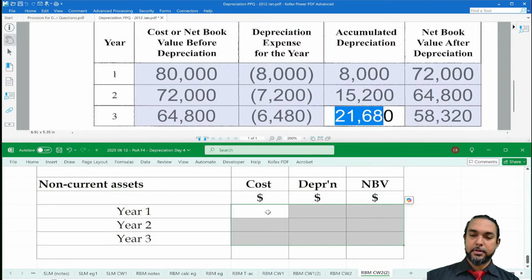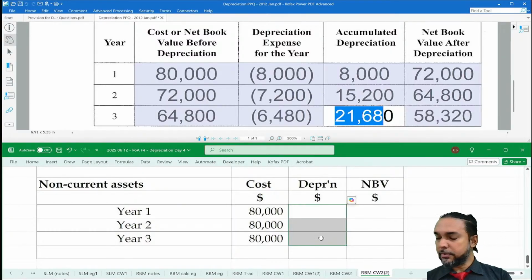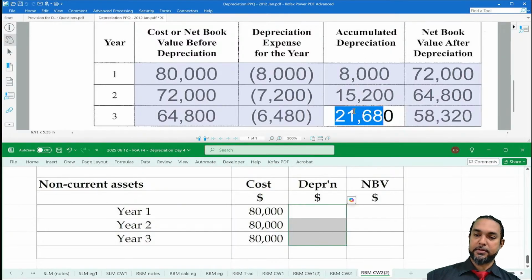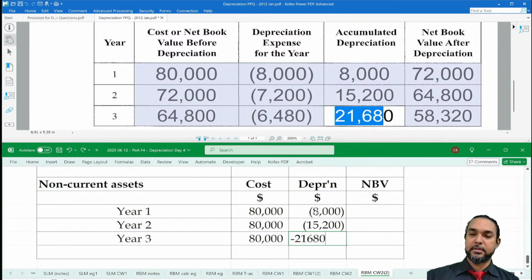So the cost, as we know, is 80,000 from the question. Now the accumulated depreciation is these figures here: 8,000 in the first year, 15,200 in the second year, and 21,680 in the third.